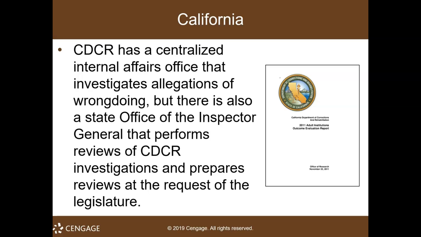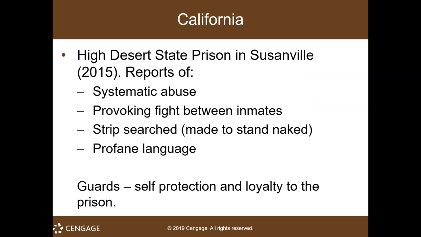So there are some evaluation reports, and there are oversight committees, if you will. So the Office of Inspector General basically has oversight and periodically looks at and reviews the investigations that are conducted by CDCR personnel, if that makes any sense. Okay, so kind of moving on a little bit.